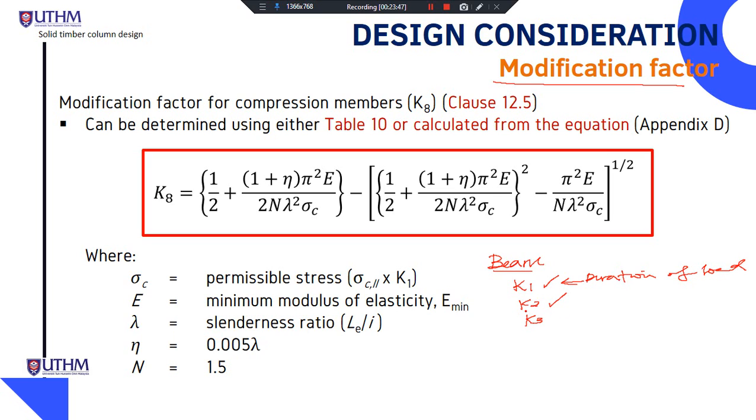K2 is the load sharing system. K3 is the length and position of bearing. K4 is the form factor. K6 is the depth factor. You will use some of these modification factors in designing compression members.